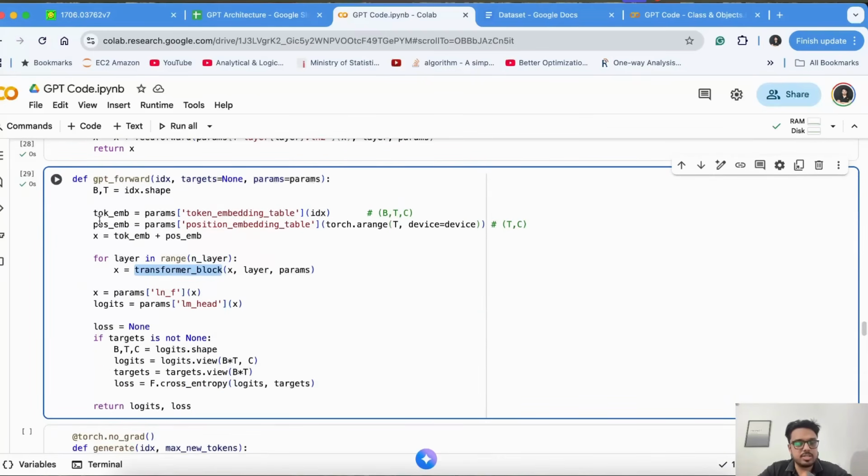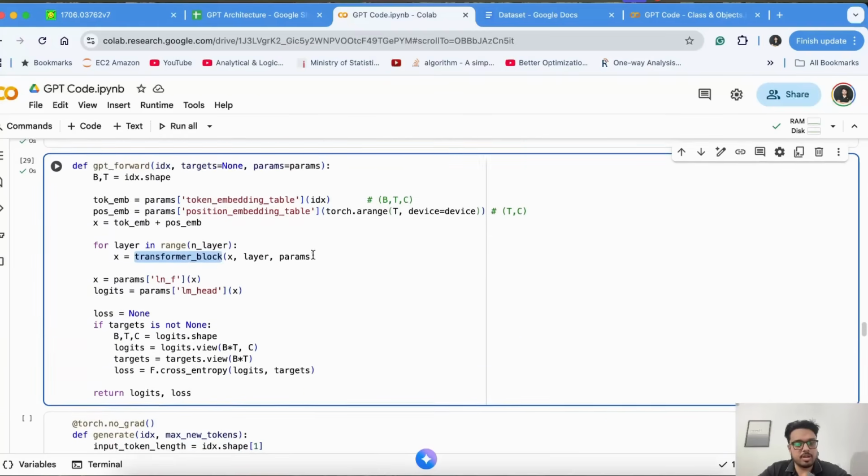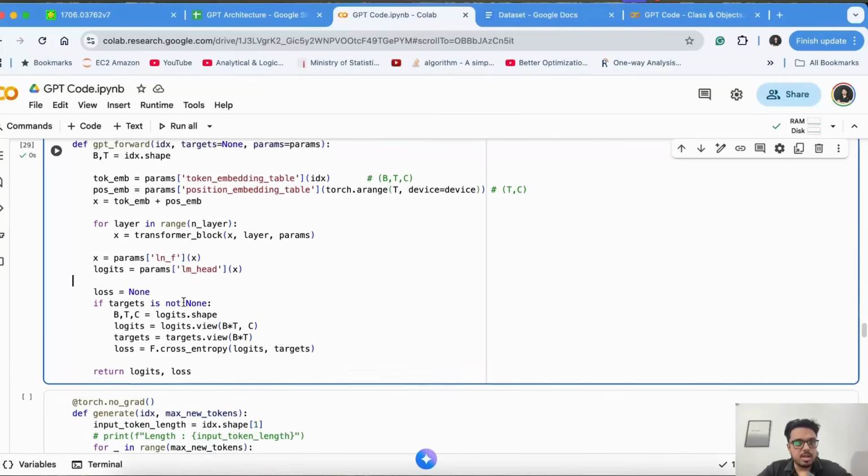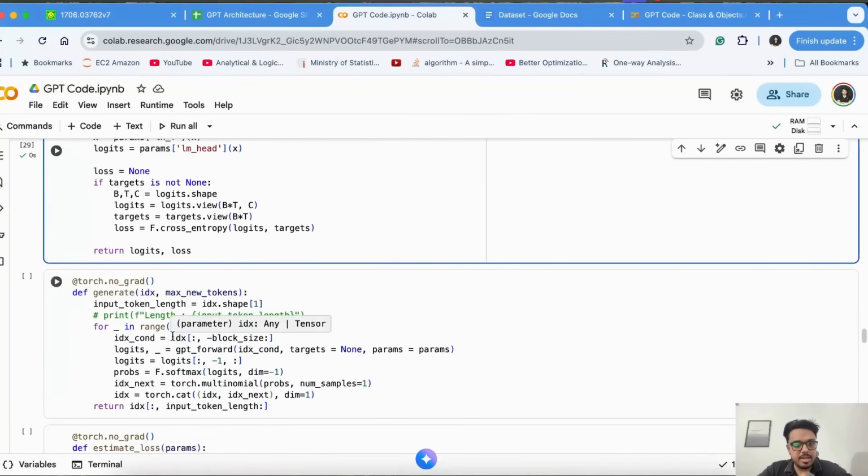And once the input is passed through the entire model architecture that we have designed, the final logits are given as outcome.